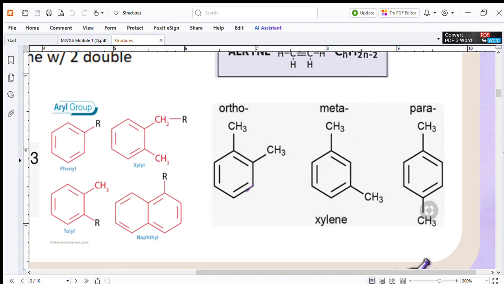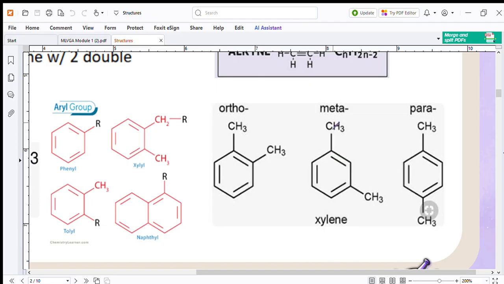So without further ado, we have also the ortho, meta, and para. This comes with the benzene po. Pag halimbawa, same lang po yung compounds na naka-attach sa kanya or yung element na naka-attach sa kanya, tapos ganito po ang distansya nila, wala pong carbon between them, ito po ay ortho.